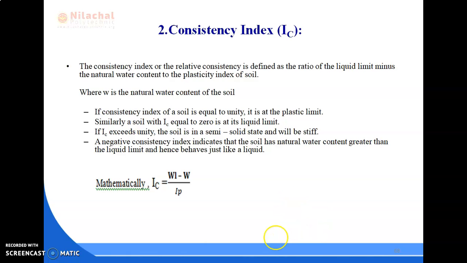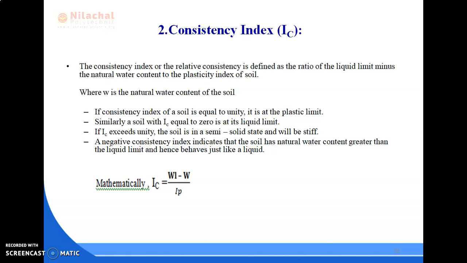Like this, mathematically it is shown here. IC equal to liquid limit WL minus W by IP, plasticity index, where W is the natural water content of the soil.